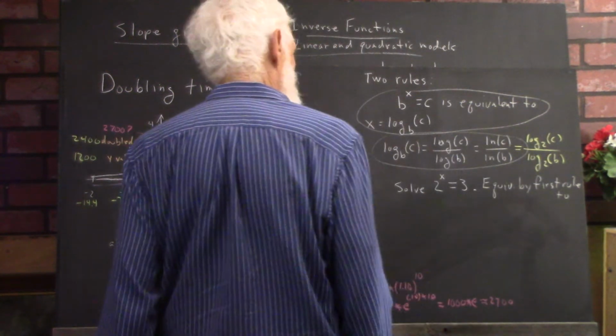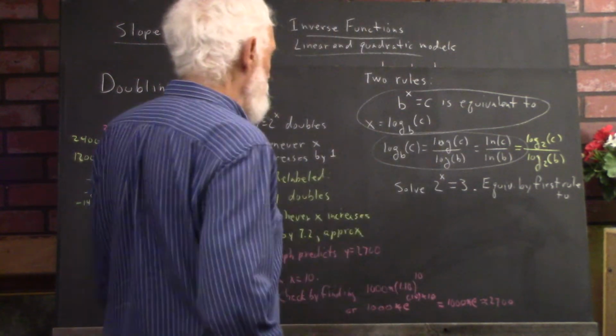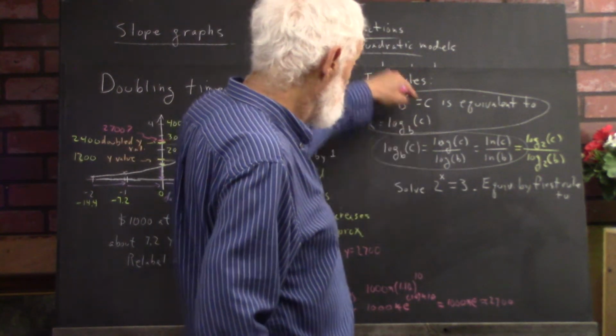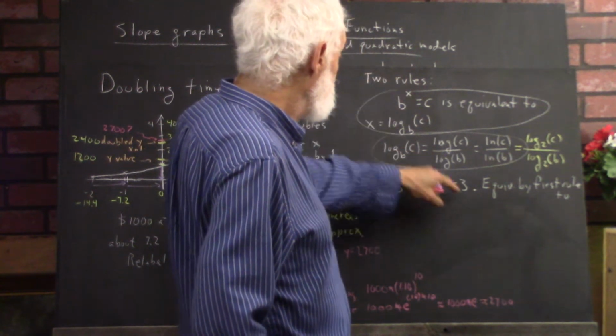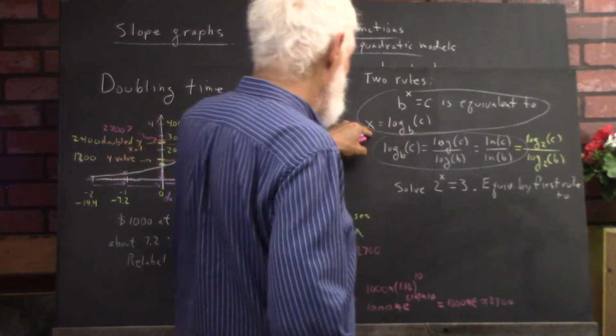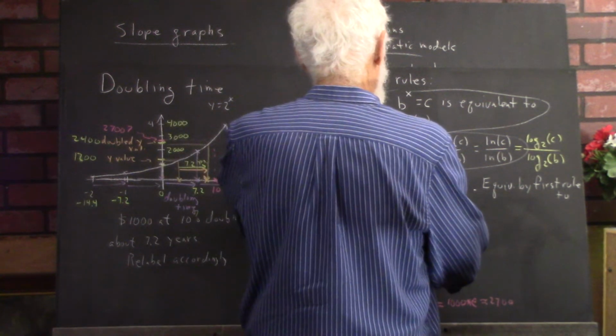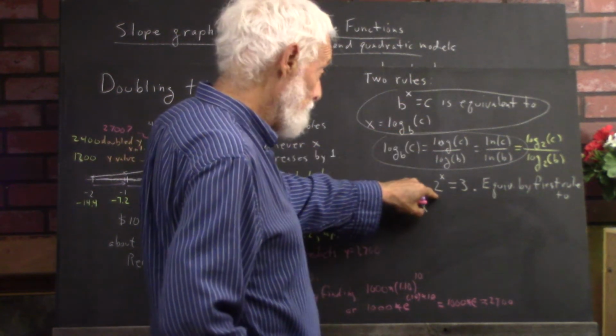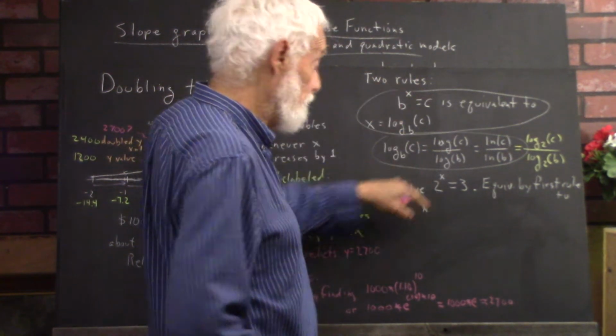This is equivalent by the first rule to what? Well, your base b is 2, x is your exponent, and c is equal to 3. So we can translate it into this. x is x, b is your base, remember that was 2 up here in this expression.